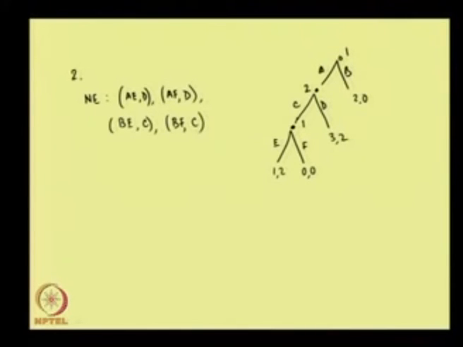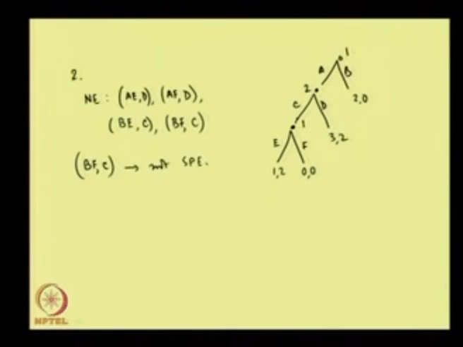Out of all these Nash equilibria, BFC was a little bit problematic. We said that there was an interpretation of whether this is a steady state. Now, we are going to show that this is not a subgame perfect Nash equilibrium, not SPE.